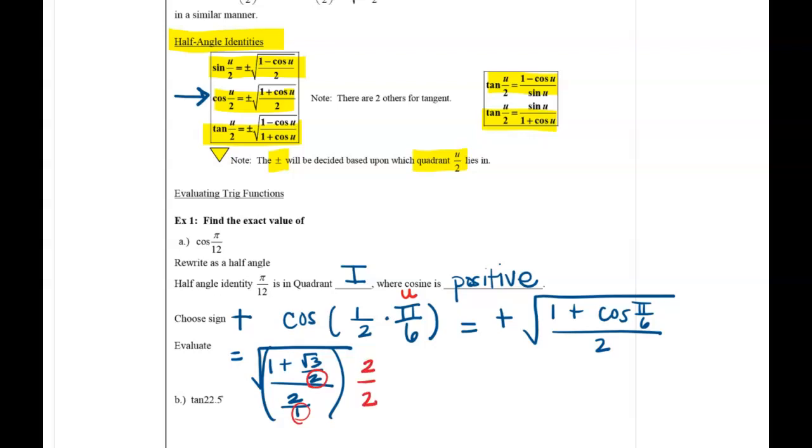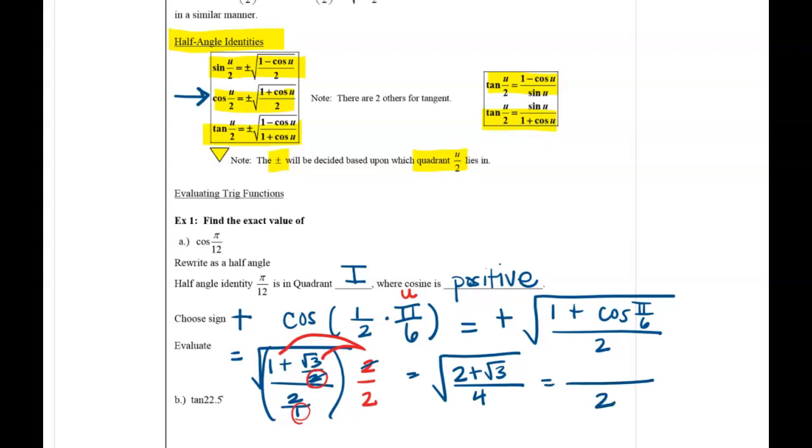2 over 2. So 2 times 1 is going to give me 2. So this is the square root of 2. And then this 2 will cancel with that 2. So it's 2 plus root 3 over, and then 2 times 2 is 4. If you break up the square root, the square root of 4 is 2 on the bottom.